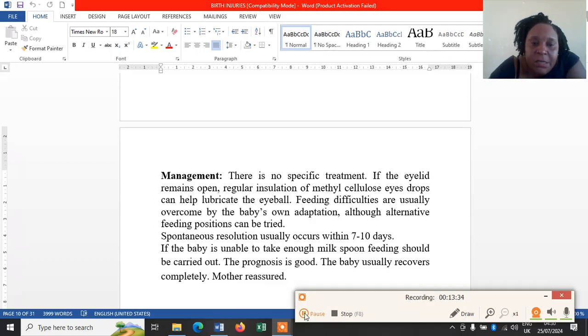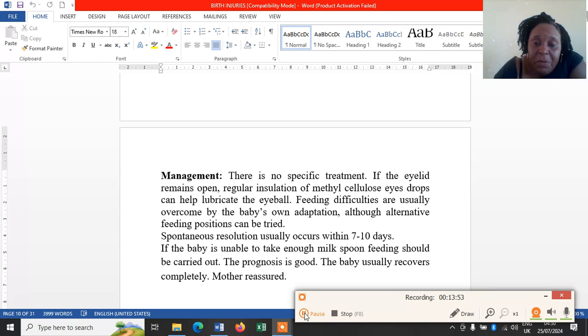We have said that management of a facial nerve palsy may not be specific, but because the eye can remain open, we may need to lubricate it with eye drops.